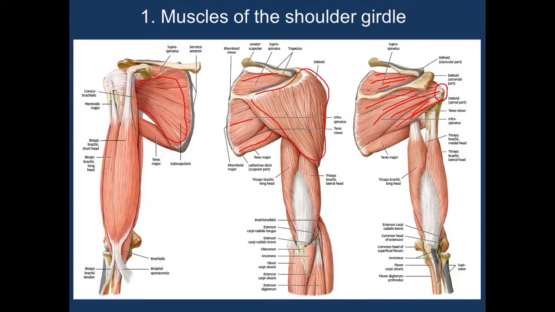And usually these muscles rotate the shoulder outward, making external rotation.